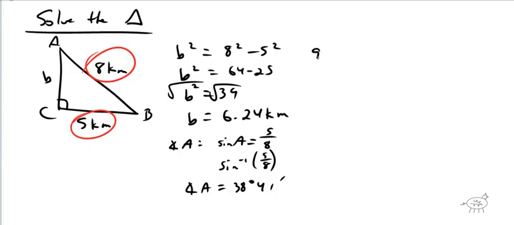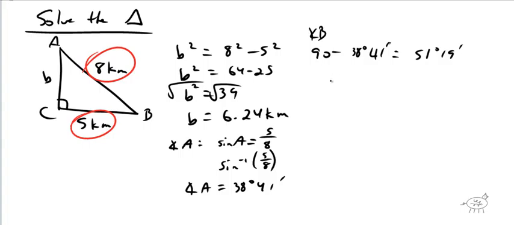So this is angle B. I could say 90 minus 38 degrees 41 minutes. Again, there's always a risk. But yeah, I could do that. Truly, if you subtract, you get 51 degrees 19 minutes.